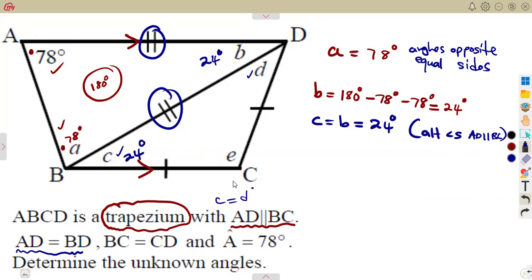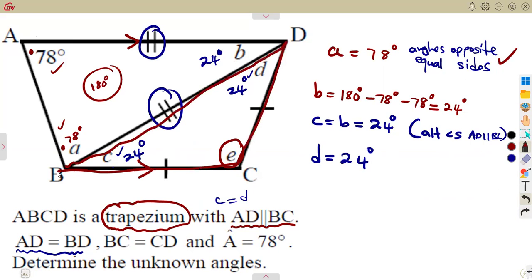But remember what I said about C and D, that they are equal before, from this concept of the angles opposite equal sides. So by having C, we are also having angle D. Angle D is equal to 24 degrees. So the reason is going to be angles opposite what? Equal sides. So having angle D, it was going to help us to calculate angle E. Since ADC is a triangle, so you can consider angles inside of a triangle to add up to 180 degrees.